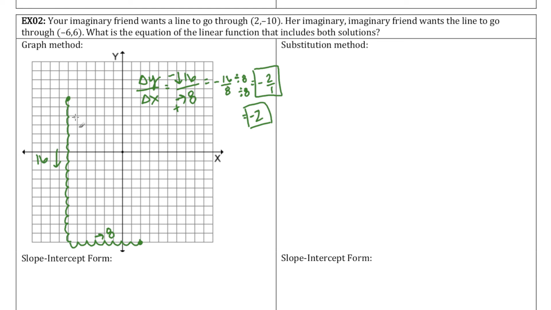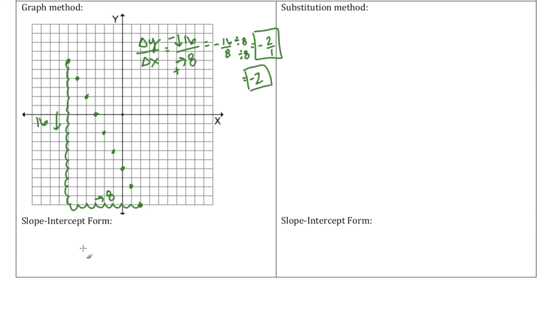And so negative 2 over 1. Alright, cool. So slope-intercept: y equals mx plus b. Remember, this is m, which is negative 2 over 1, so negative 2.